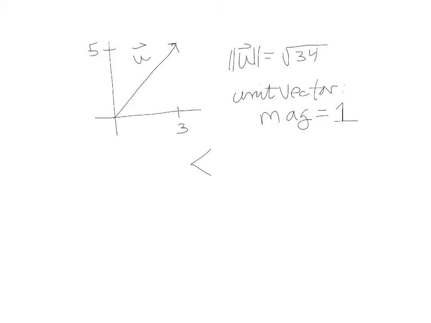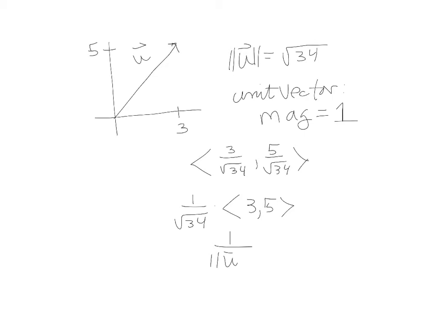It would be 3 over the square root of 34, comma 5 over the square root of 34, which actually is the same as 1 over the square root of 34, which is the magnitude, times 3, comma 5, which is really the same as 1 over the magnitude of u times u itself.